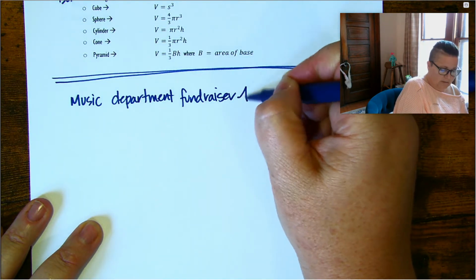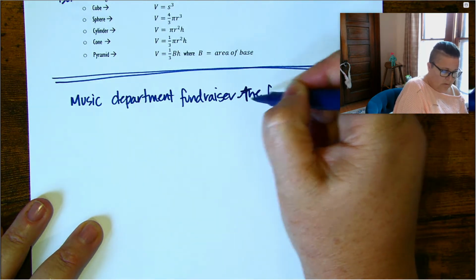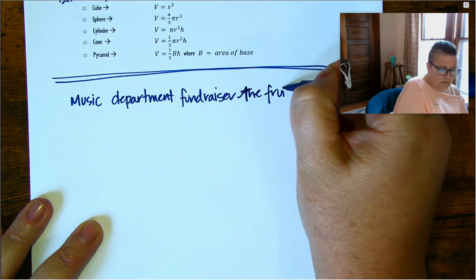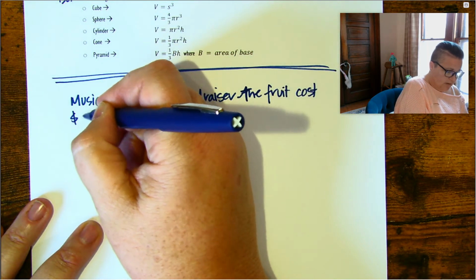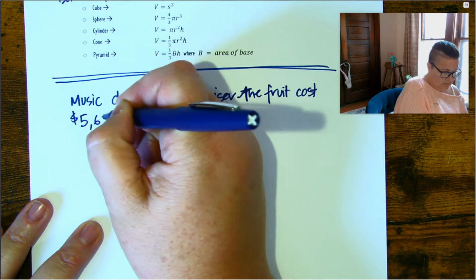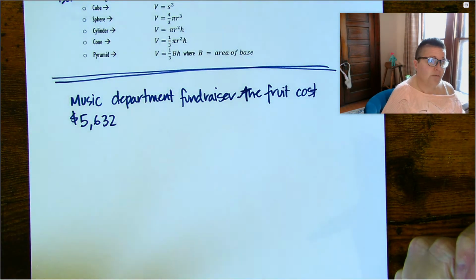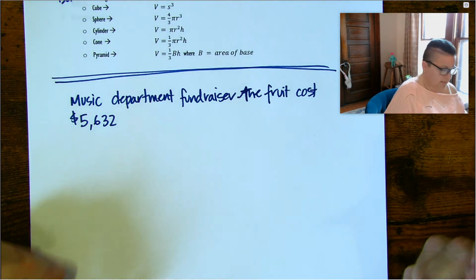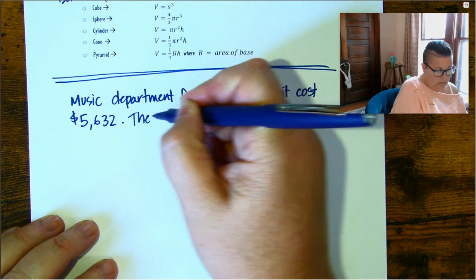The fruit costs $5,632. So the music department bought fruit for a fundraiser in the amount of $5,632.